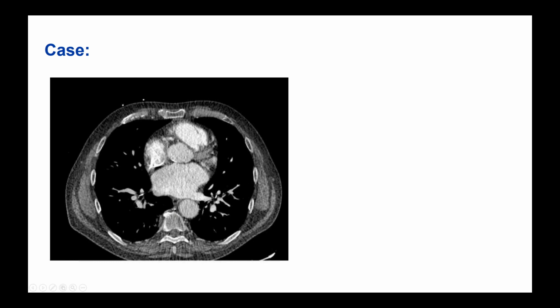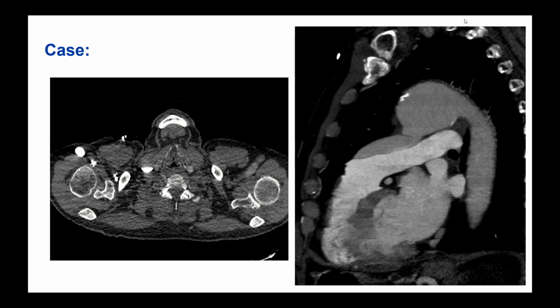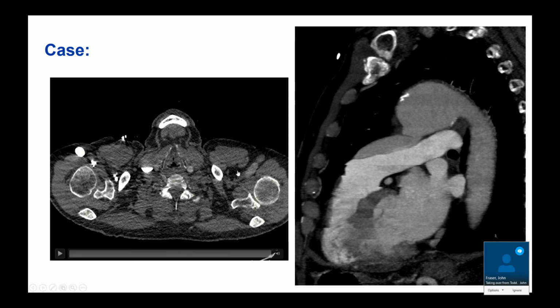It has a very differential attenuation, with much lower opacification of the right versus the left. I'll play it one more time so that you guys can see it. If anybody has any opinion at this point, feel free to chime in.